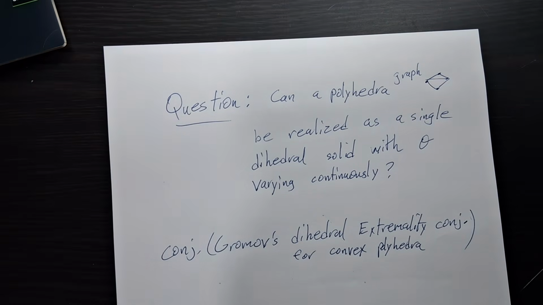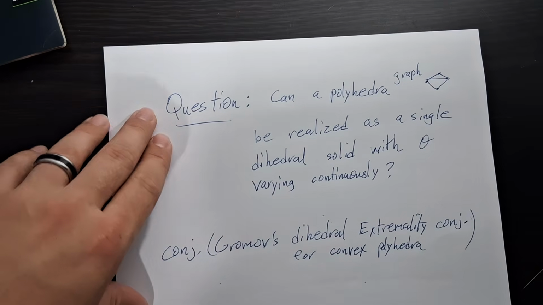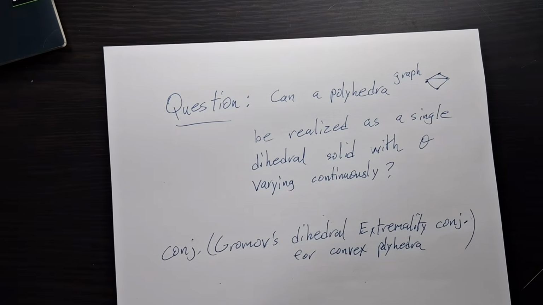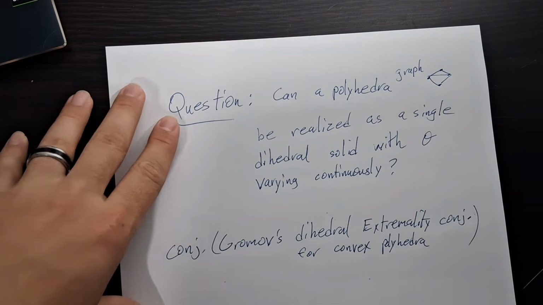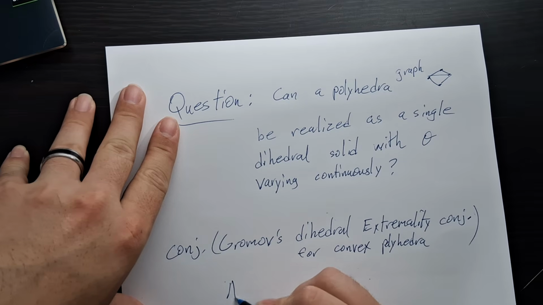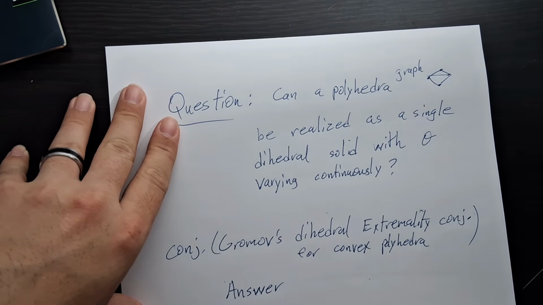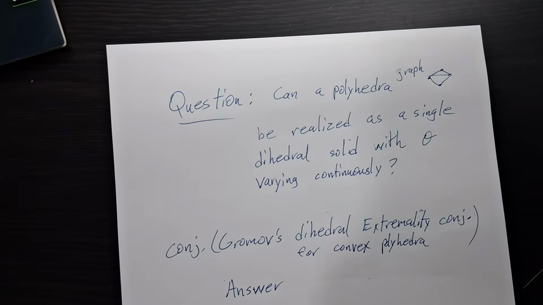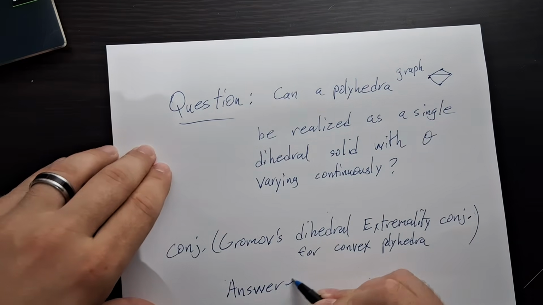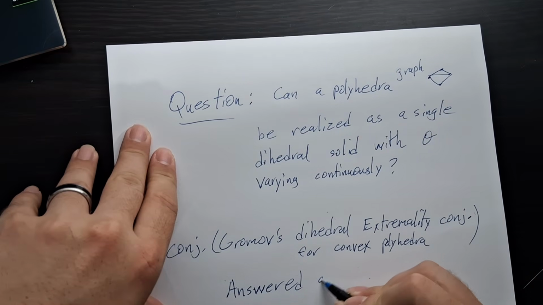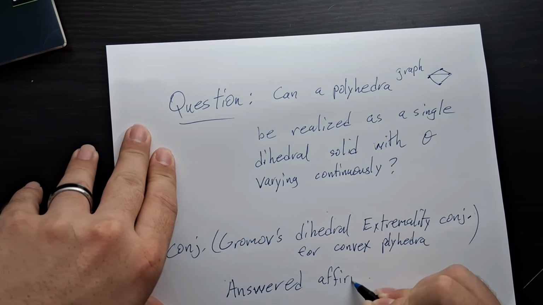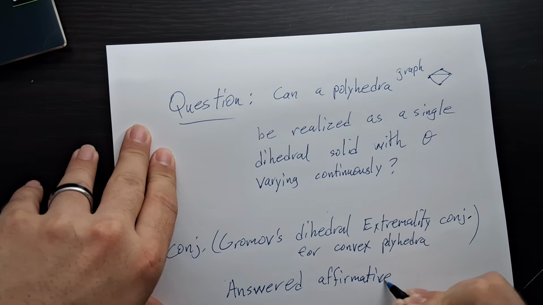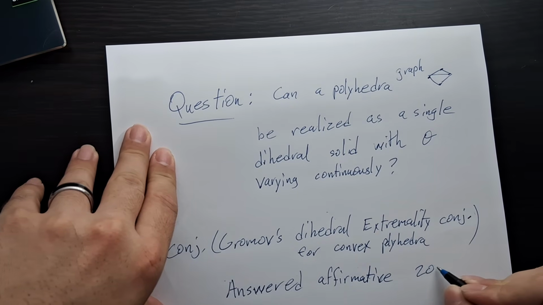So this was actually resolved last year by some researchers at Harvard. So this was actually answered. I won't state the full thing because I would need to talk about Riemannian metrics and different kinds of curvature. But this was actually answered in the affirmative. Last year.